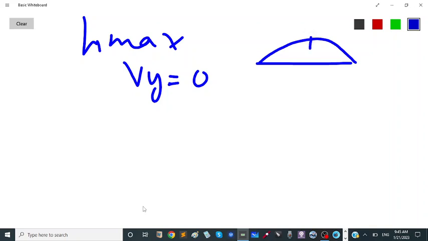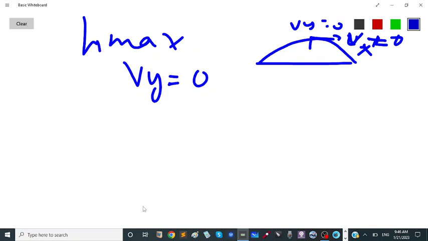Vy is 0 at this point, and we have only Vx. Vx is different from 0, but Vy is equal to 0. So it makes things easy.